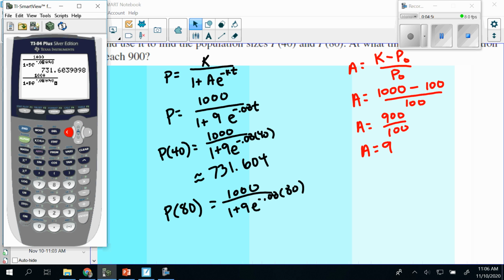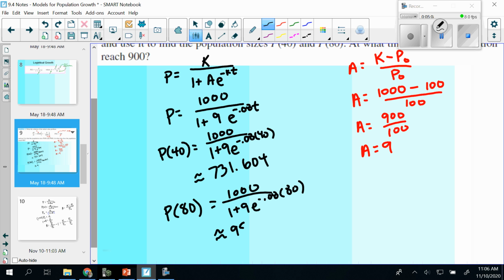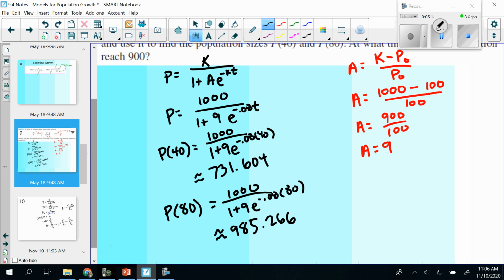Let's go back in the equation and change this from 40 to 80 and hit enter, and we should get this one. So this one would be about 985.266. And again, whether the time is in years or hours, I'm not sure, because they didn't tell us in the problem.